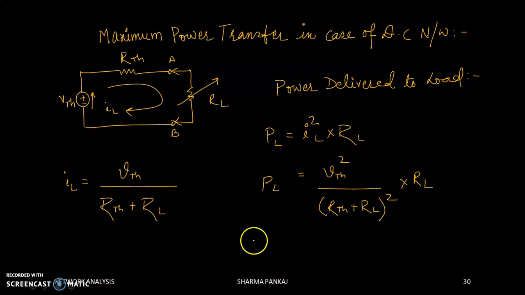Now, we know the condition for maxima is dPL by dRL must be equal to 0. This is the condition from calculus.